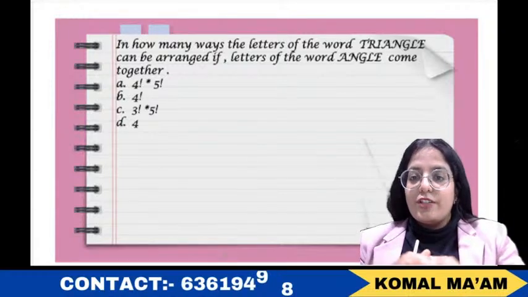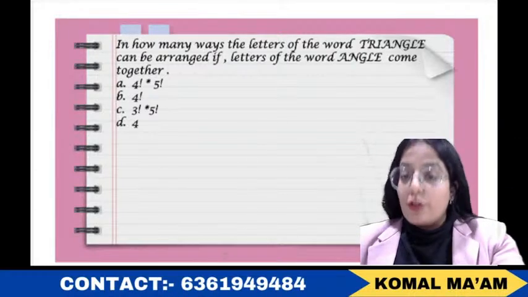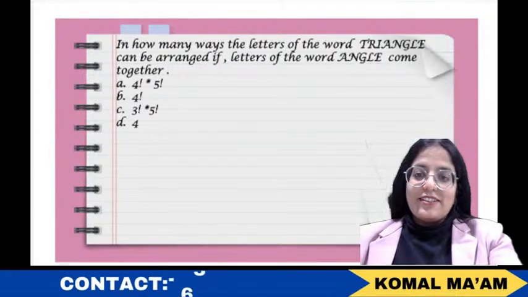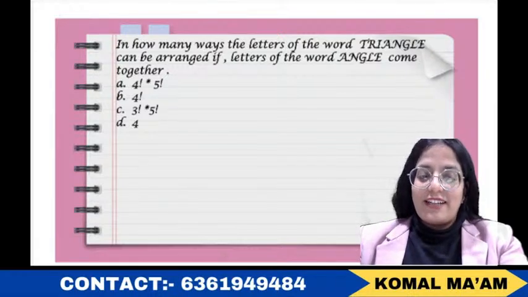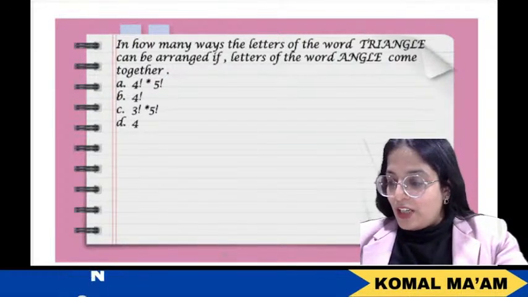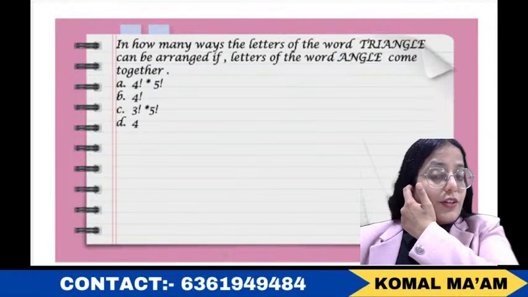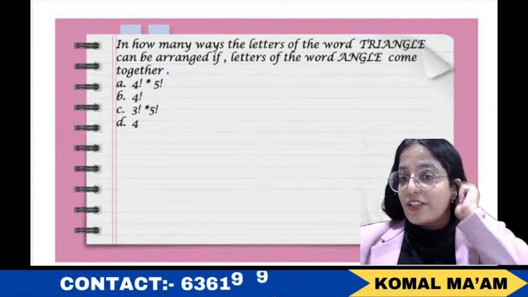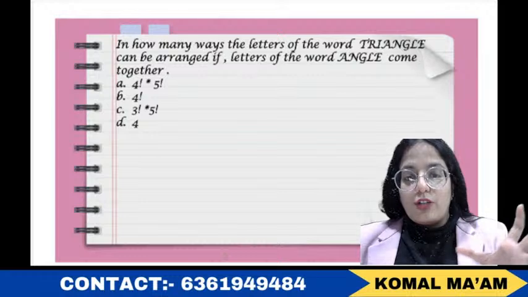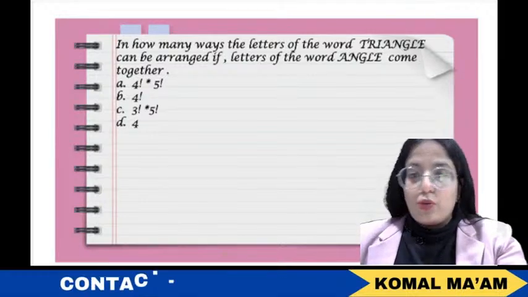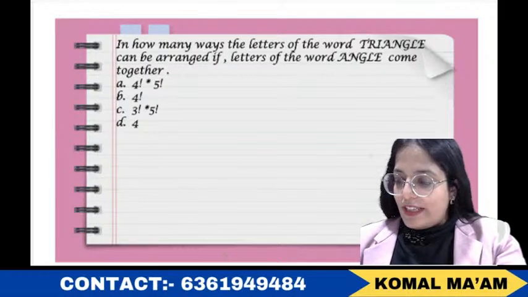We were using the concept of factorial, and remembering the childhood game, chair race, that we used to play. Using that concept we were solving the questions. Moving forward, we are going to solve some more questions related to that concept, and we'll have an ace over this concept today.